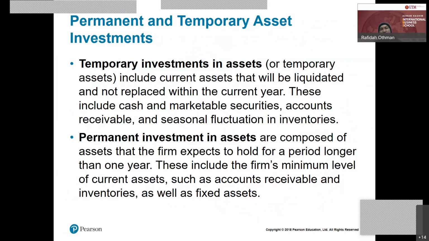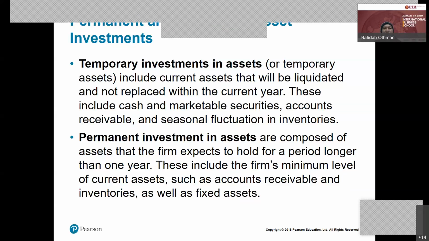Temporary investment in asset is seasonal. It includes current assets that will be liquidated, not replaced within a year. This is like account receivable, seasonal inventories, cash, marketable security. When we talk about marketable security, we are talking about short term, meaning less than 1 year.